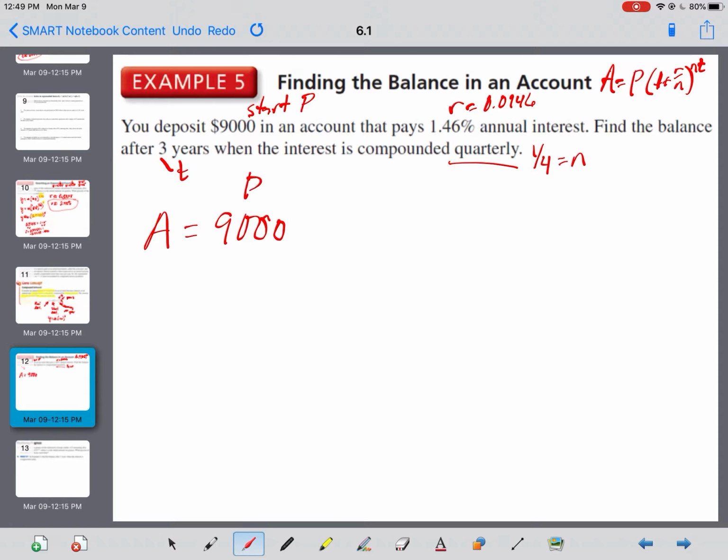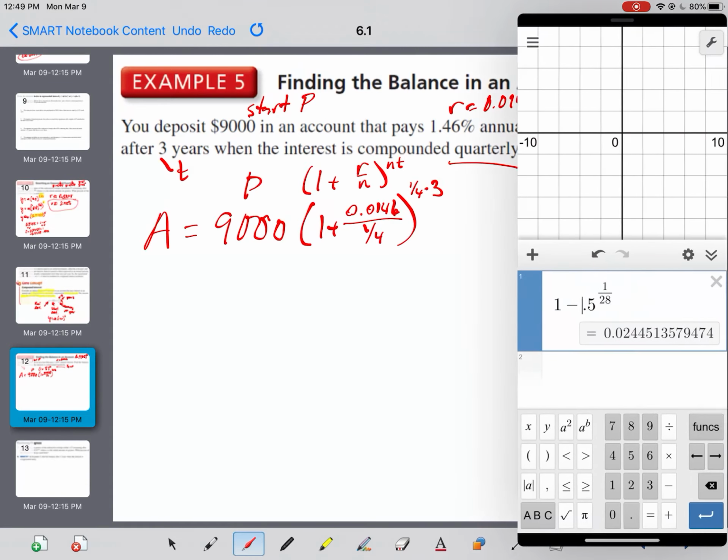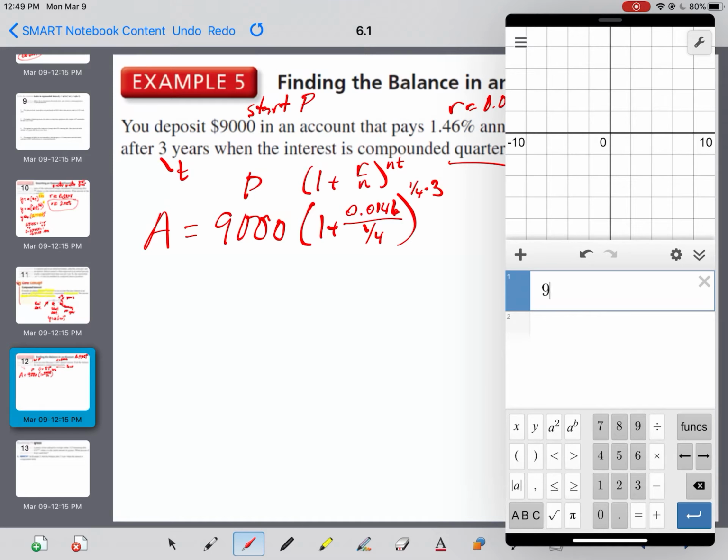So big A equals 9,000. That's my P. Times 1 plus r, 0.0146, divided by 1/4 or 0.25, to the 1/4 times 3. Okay. That's my 1, that's my plus r over n, and that's my nt. Everybody's the same.